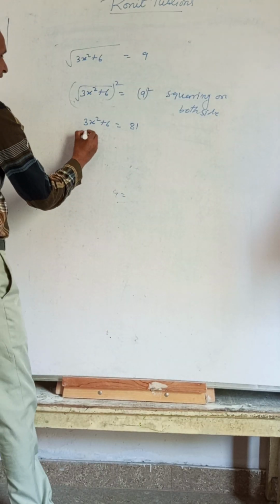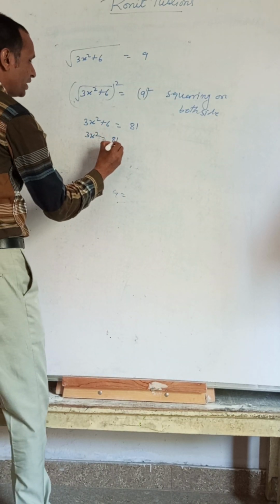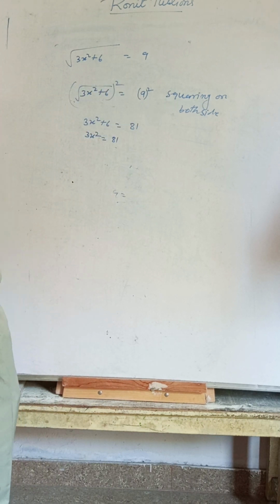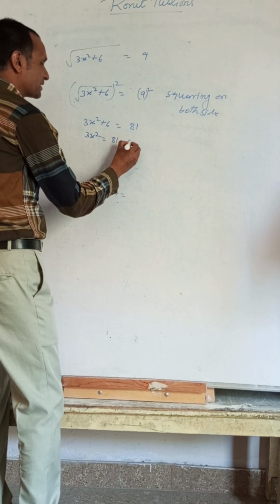Now we can write 3x square is equal to 81 by transposing plus 6 to that side, where it becomes minus 6.